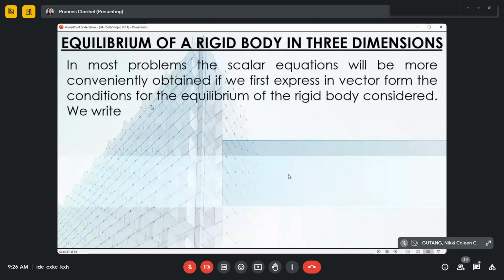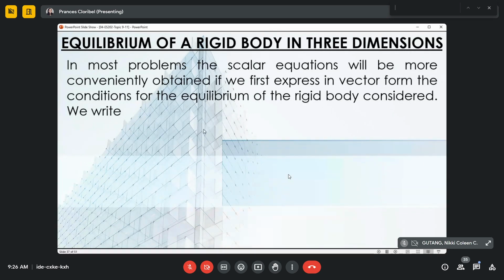Now, in most of the problems that we are going to solve, the scalar equations will be more conveniently obtained if we first express in vector form the conditions of equilibrium of the rigid body that we are going to consider.